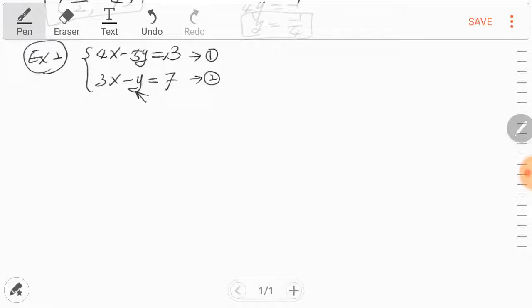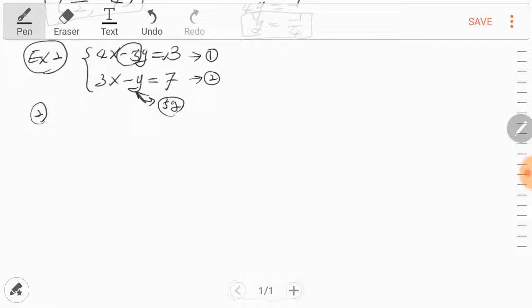We can just multiply the second equation by the opposite of negative 5. So let's multiply the second equation by negative 5 so that we can make it positive 5y. If we make this one positive 5y, then negative 5y plus 5y is 0.